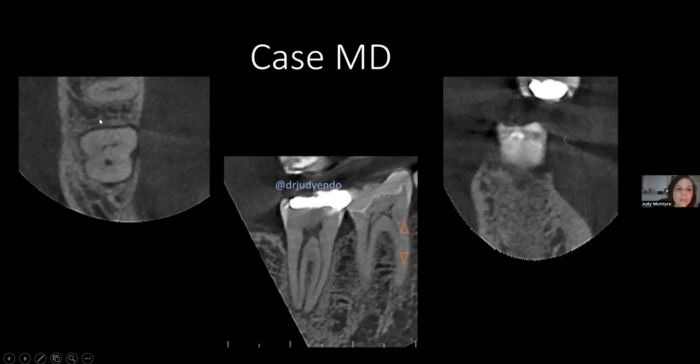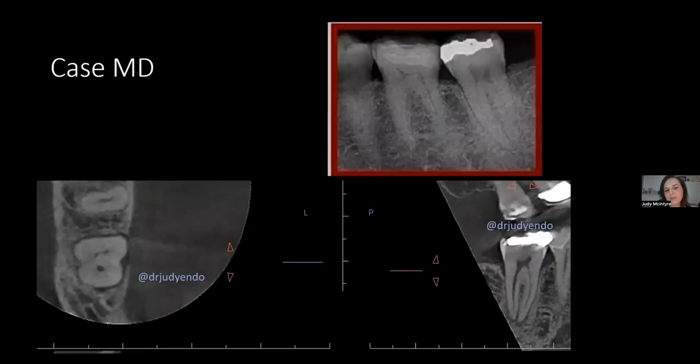Again, on the axial, bone, bone, bone, bone, bone, bone, bone, bone, bone, shadow. And that shadow corresponds right to here as well. So they look like Mickey Mouse black ears because there's no bone there in the axial. You should see PDL and bone surrounding the entire root of the tooth when you're properly aligned. And to summarize, there you go.